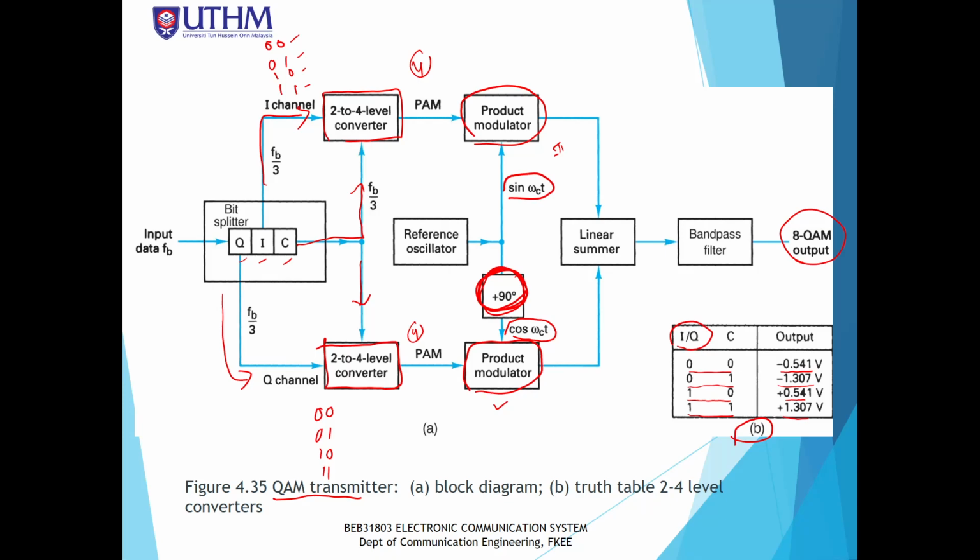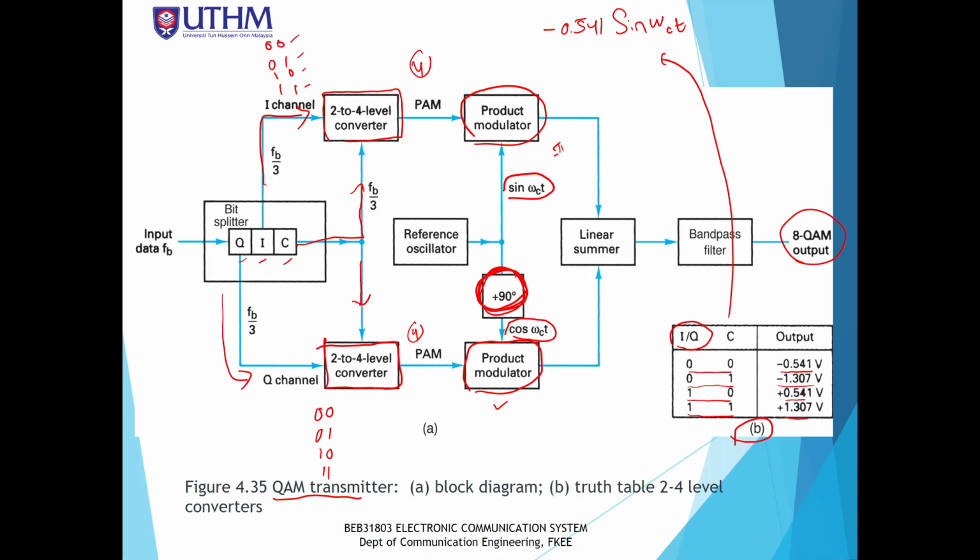Okay, so that means you are going to produce 4 different outputs at the product modulator. For the I channel, for example, we are going to have negative 0.541 from this table. So we have negative 0.541 sine omega ct. Everything is multiplied with sine.